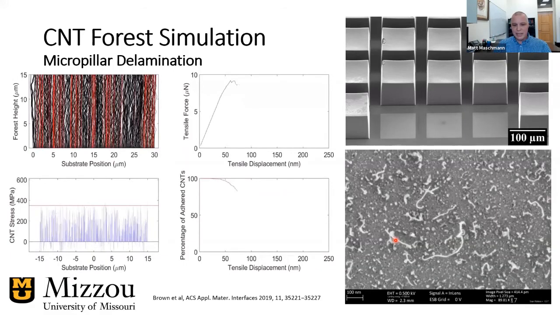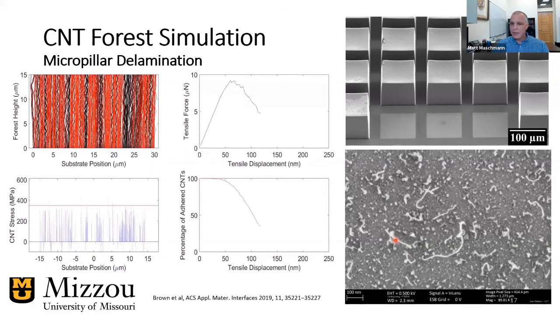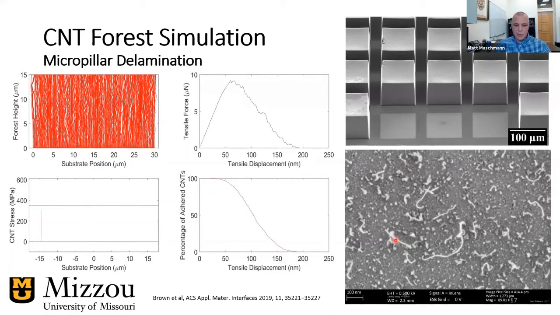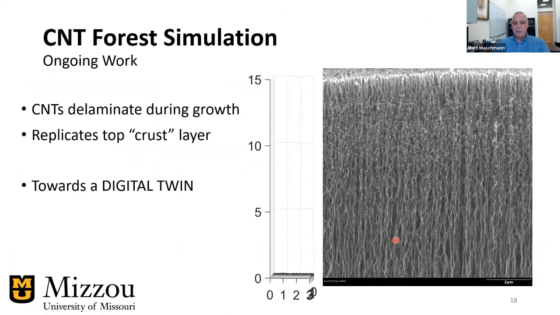What you're seeing here is an evolution of stress at the bottom left, at the interface of these carbon nanotubes with the substrate. What we found is, although it was 3 megapascals if we treat it as a monolith, if you translate that stress back down to an individual interface between carbon nanotube and substrate, that adhesion stress is more like 350 megapascals. So this was a good application of our simulation that we could link back to experiments.